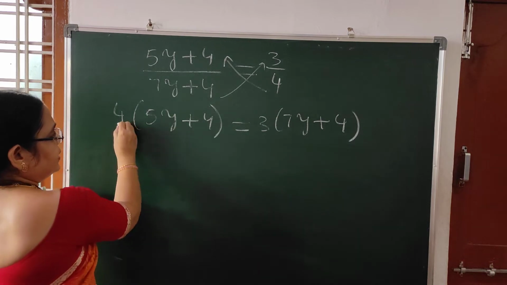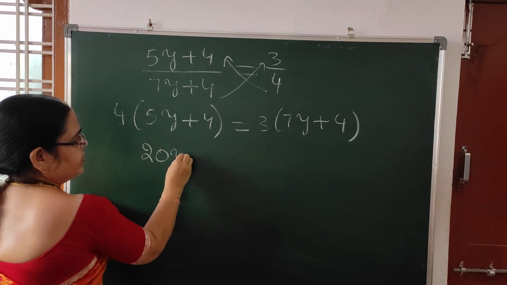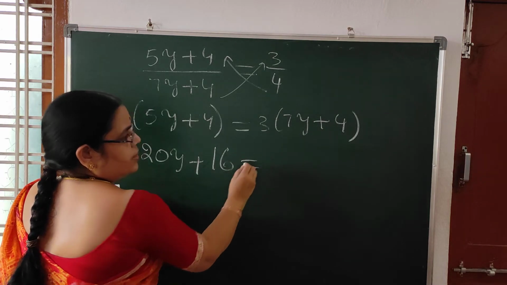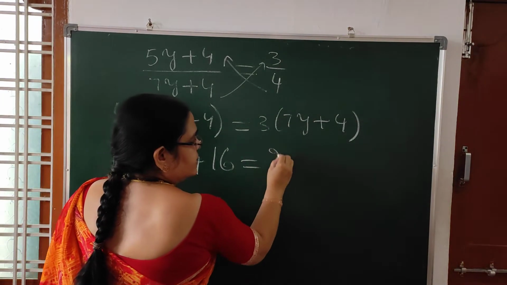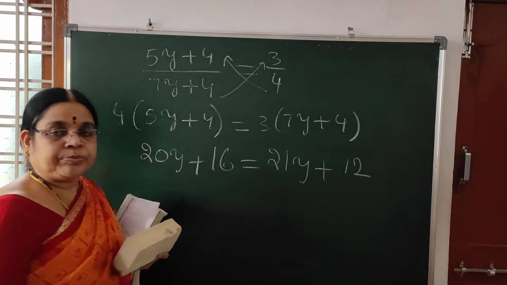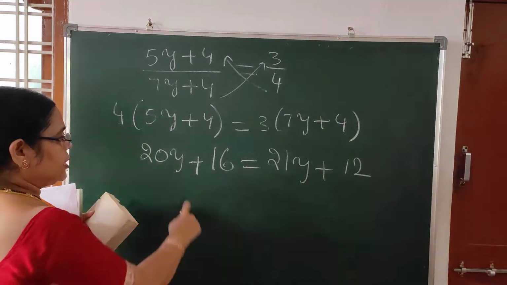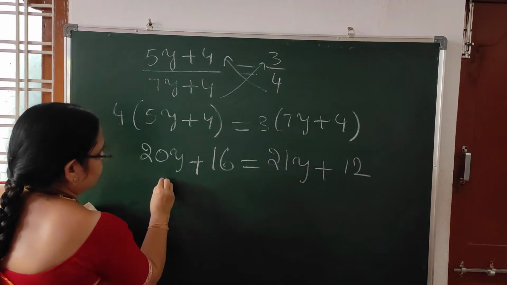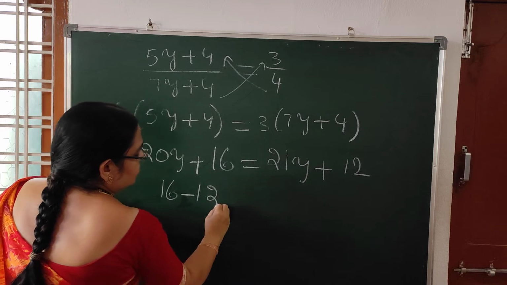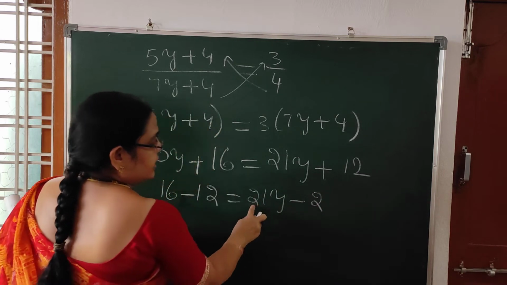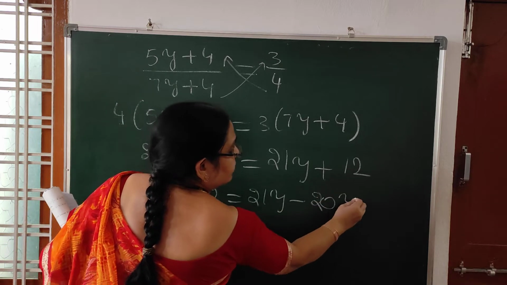Now simplify this. 4 5s are 20y plus 4 4s are 16 is equal to 3 7s are 21y plus 4 3s are 12. Solve this equation by transposing. So 20y is going that side, 12 is coming this side. So 16 minus 12 is equal to 21y minus 20y.